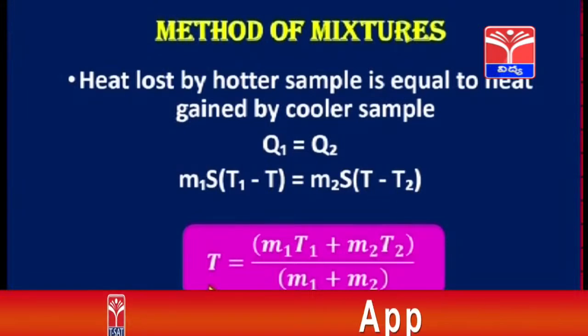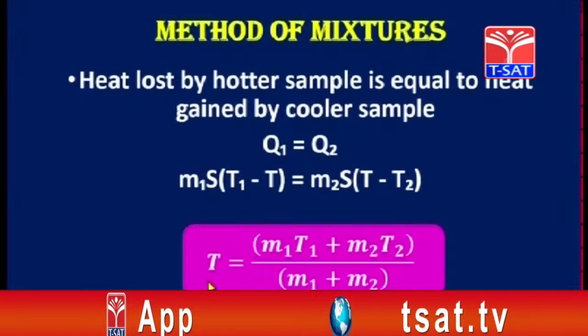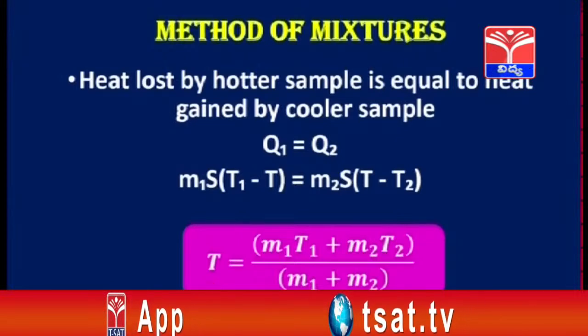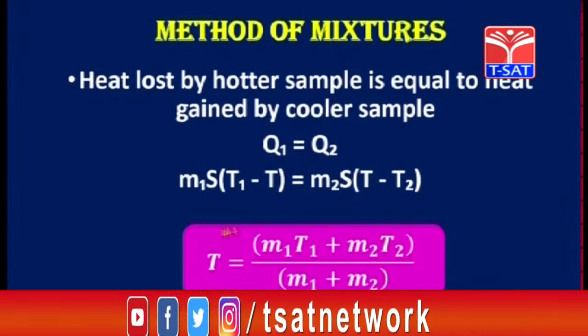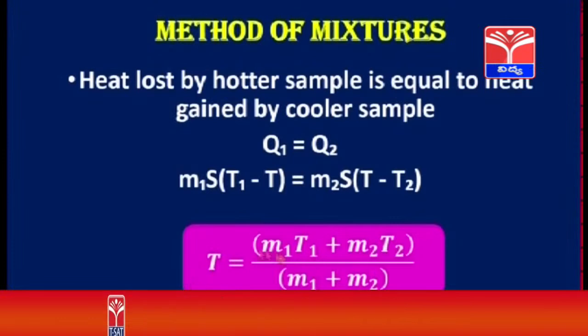On simplification, we have this formula for the temperature of the mixture, which is given by T is equal to (M1 T1 plus M2 T2) by (M1 plus M2). This is the final temperature of the mixture.